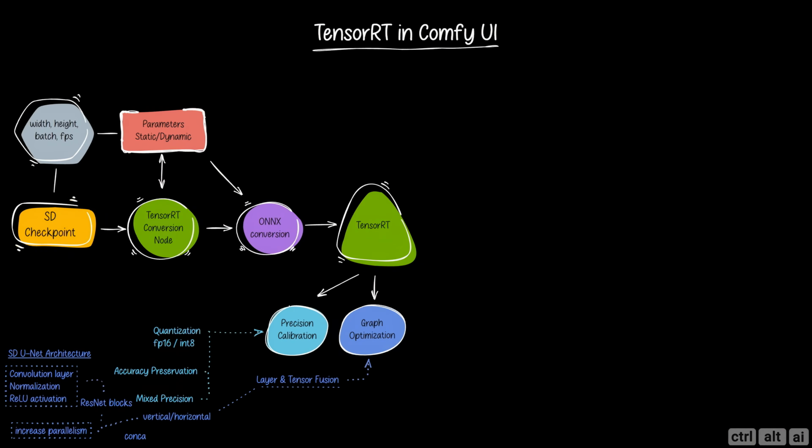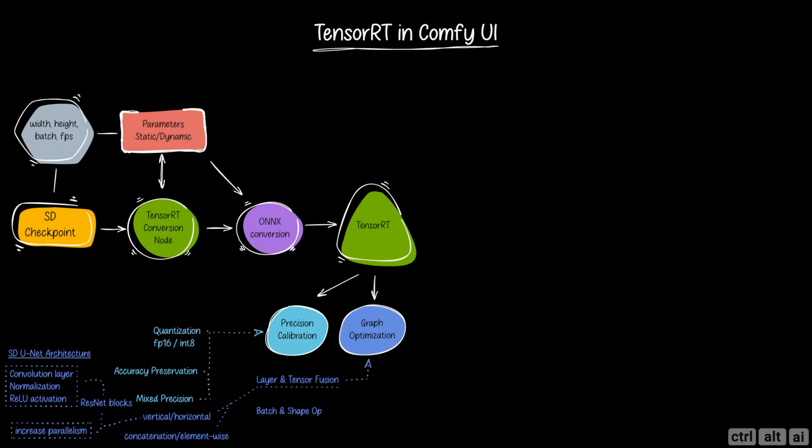Tensor fusion includes concatenation and element-wise fusion. Concatenation fusion combines feature maps from different levels for better image details. Feature maps refer to intermediate outputs produced by different layers within the network. Element-wise fusion, on the other hand, streamlines operations within ResNet blocks for improved efficiency.